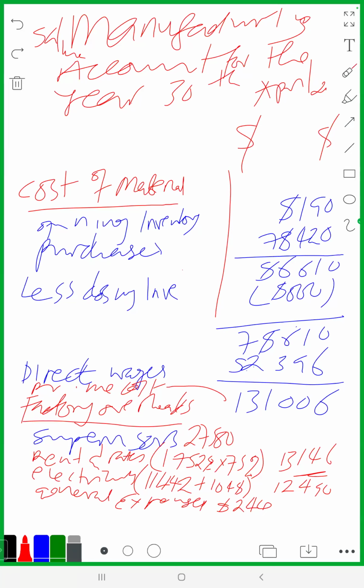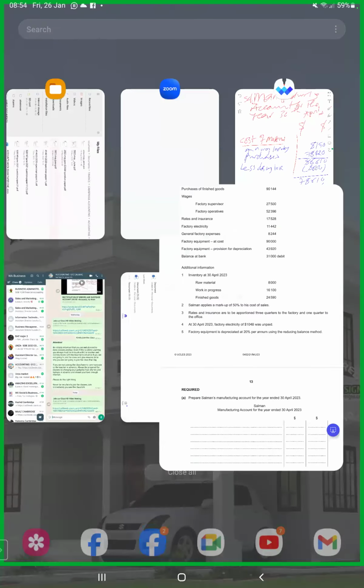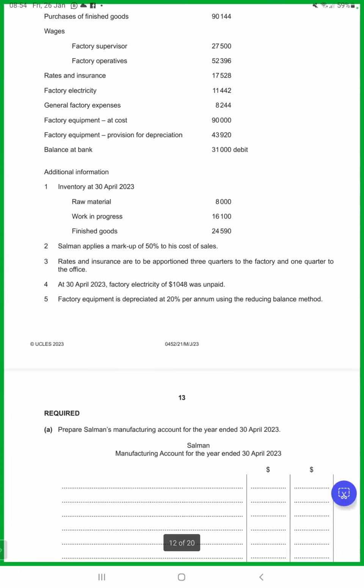And we need the depreciation. The depreciation of the equipment is said to be additional information number 5. It says factory equipment is depreciated at 20% per annum using reducing balance method.